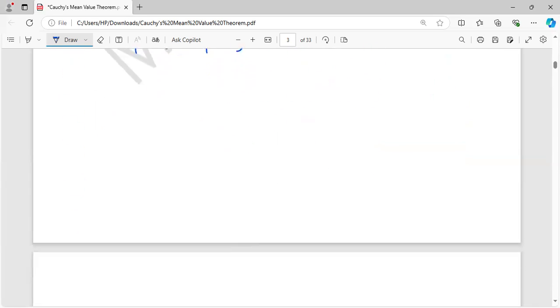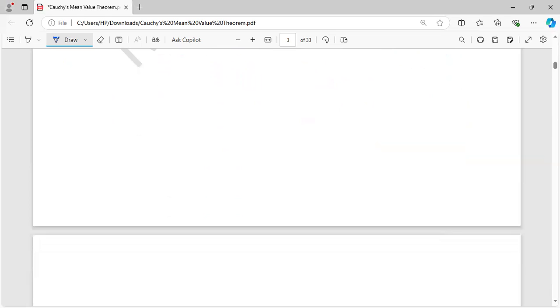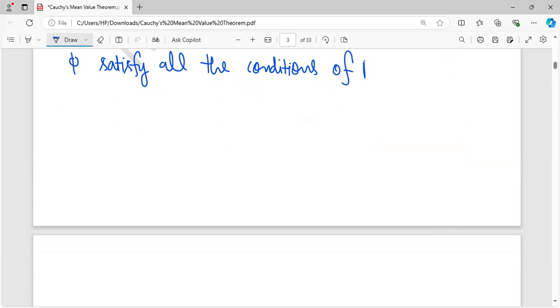Now phi satisfies all the conditions of Rolle's theorem.